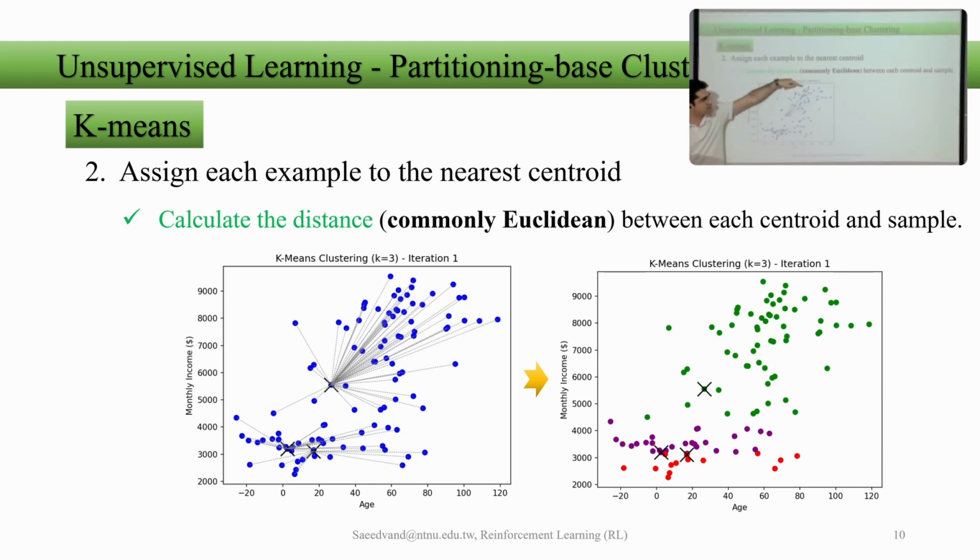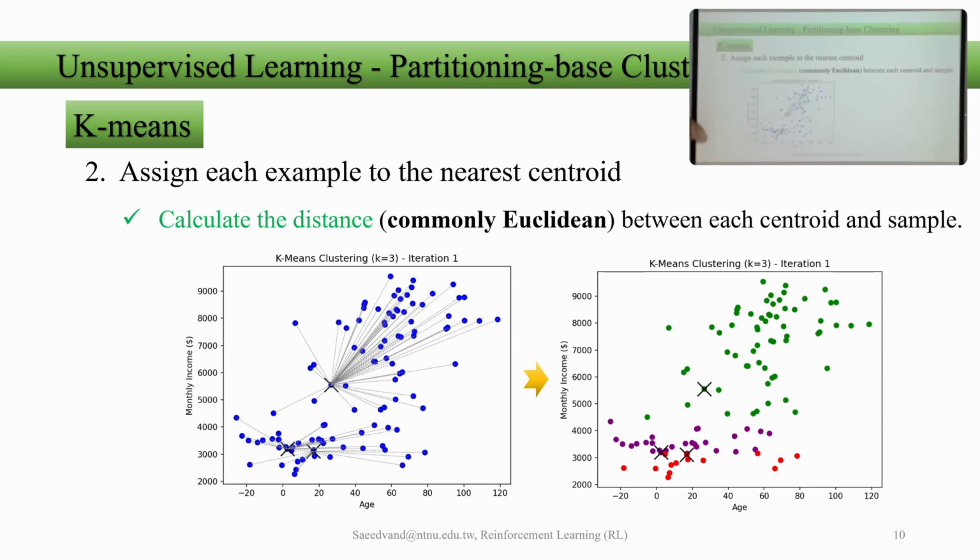Then I assign this data point to the closest one. Here, in this case, this is closer. This is farther, of course. This data point is closer to this centroid instead of this. Or this one is also closer to this instead of these 2. So for all the data I have, I assign it to the nearest centroid. Clear?